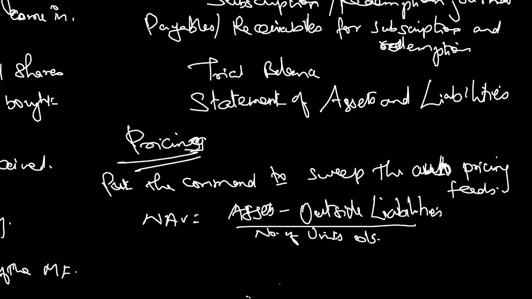Now once it prices the fund, check if any fund crossed the tolerance level. Every fund will have a tolerance level, depending upon if it is a small cap, mid cap, or large cap fund. Small cap funds will have a higher tolerance level, around 5%, as they are highly volatile.